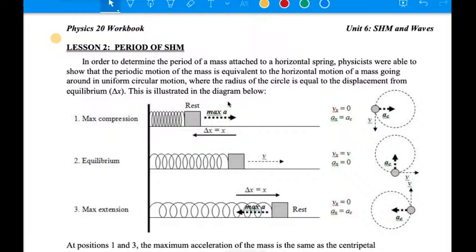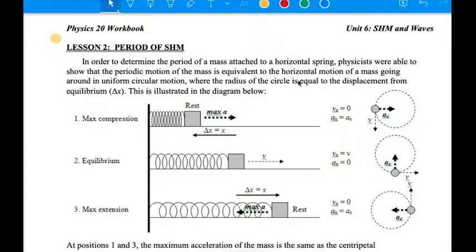It's really neat. It's kind of hard to see just on paper, without it moving, but when it's actually going through its motion, it's really clear to see that when we're just analyzing one component, like the x velocity, we're actually seeing a really direct relationship between simple harmonic motion and our uniform circular motion.